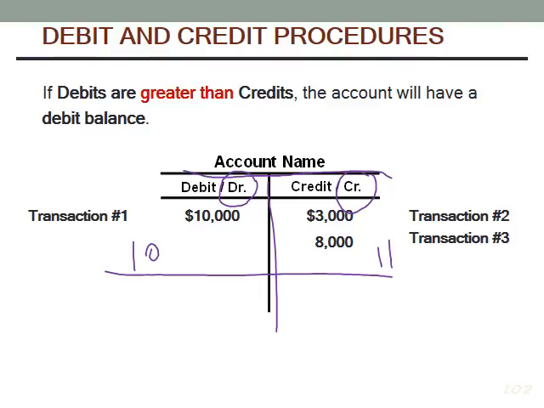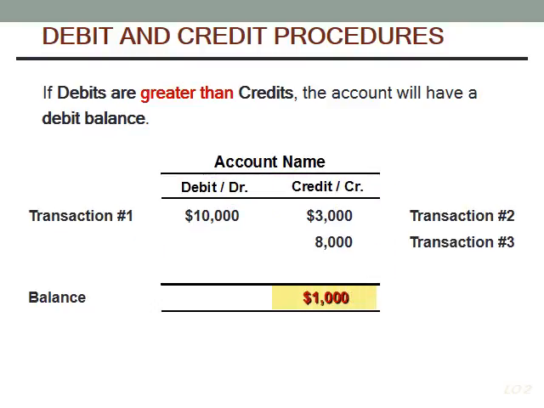The difference equals $1,000. So the balance is shown on the heavier side. I like to joke that you take the left and the right balances and they fight, right? You get the difference between the two, and the heavier side, the bigger side, always wins. So 10,000 versus 11,000, the difference is 1,000, the bigger side, the credit side, wins. All right, so that's how a T account works.